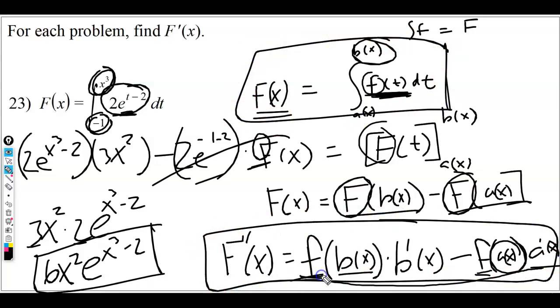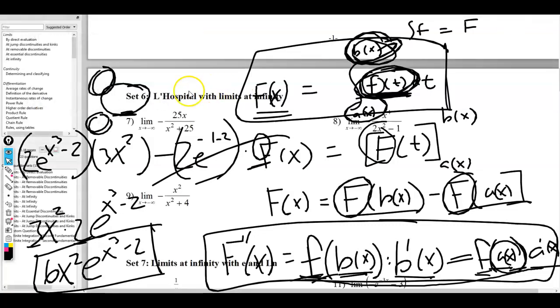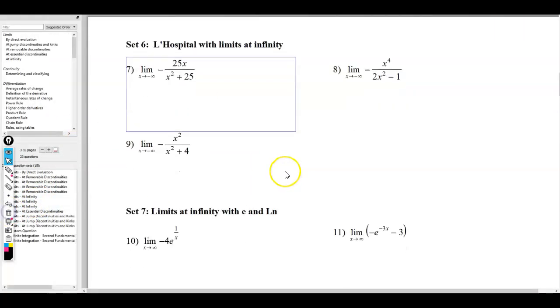So it's the integrand with the upper limit plugged in, multiplied by the derivative of the upper limit, minus the integrand with the lower limit plugged into it, multiplied by the derivative of the lower limit. Okay? And just in case you want to see another example, I'll do one more like that just to kind of keep you guys up to par. It's a little bit of a confusing rule, but I'll show you one more example real quick here.